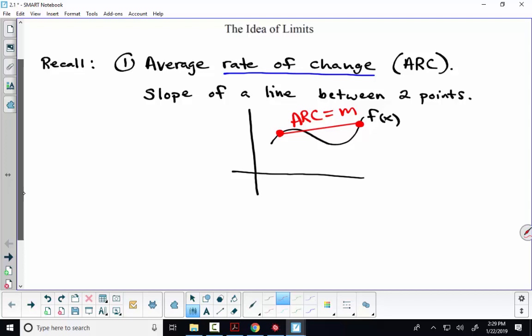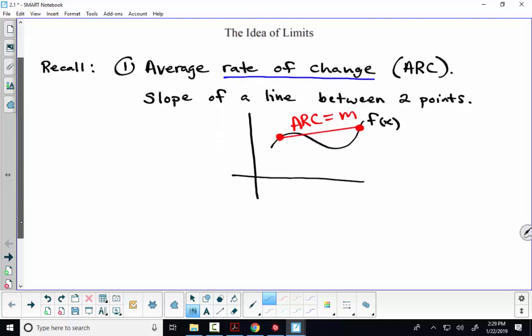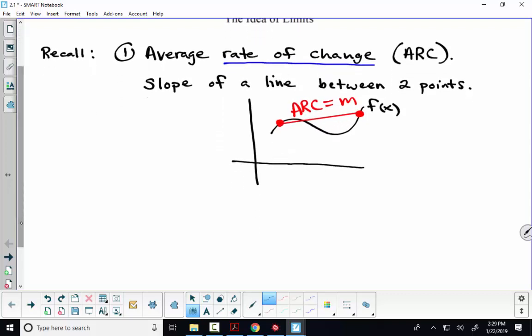The analog of average rate of change in a physical context to a mathematical context is what we're going to refer to as a secant line. So the slope of the secant line is the same thing as the average rate of change.